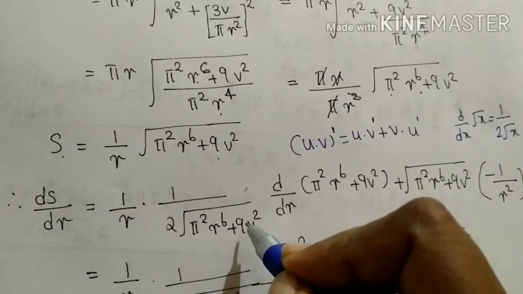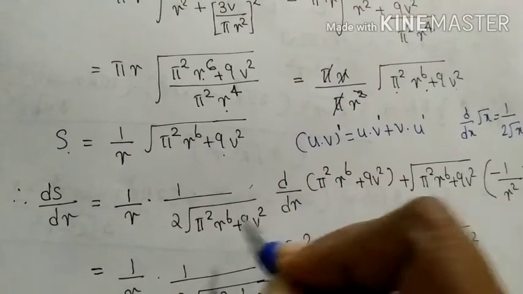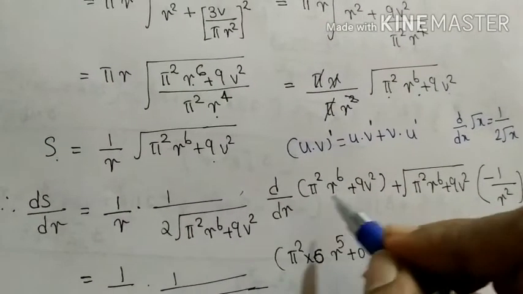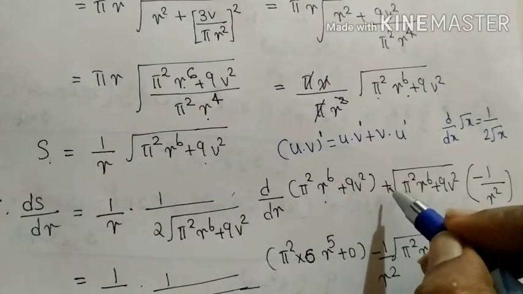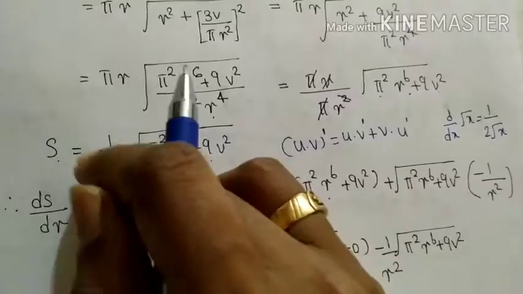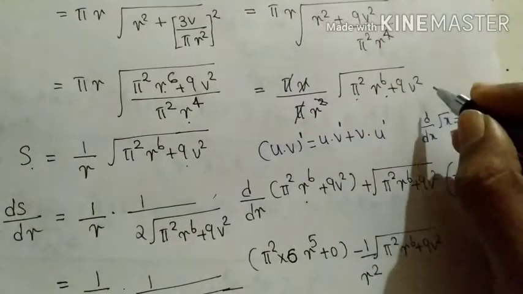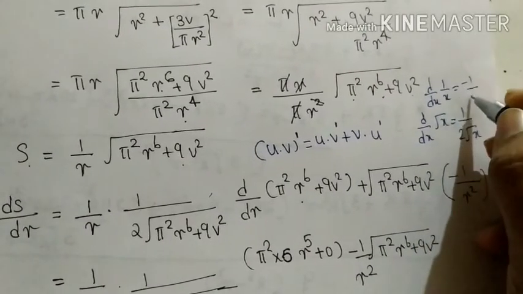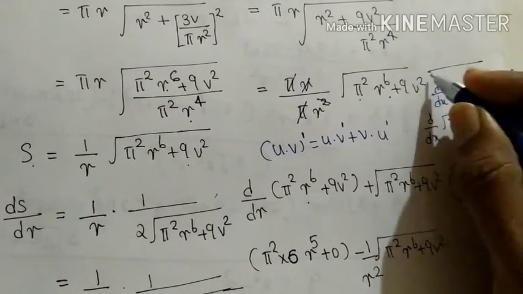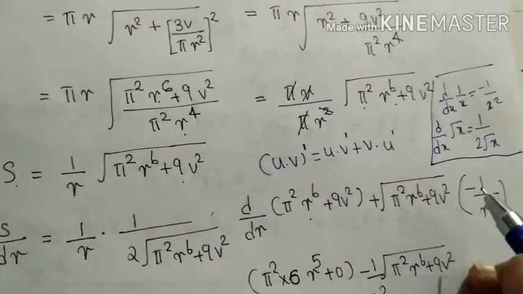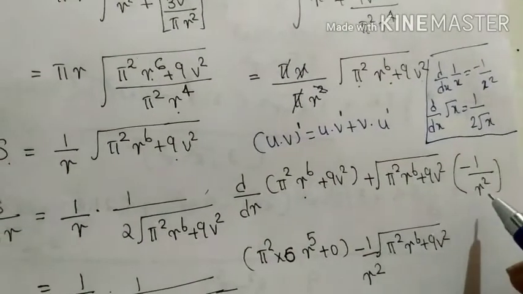By using chain rule, we need to find out the derivative of this term also. Okay, so I am going to write here and plus second function into derivative of first function. We know that the standard derivative of 1 by x is minus 1 by x square, but here we need to find the d by dR of 1 by R, so it will become minus 1 by R square here.